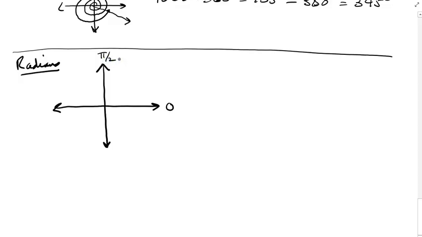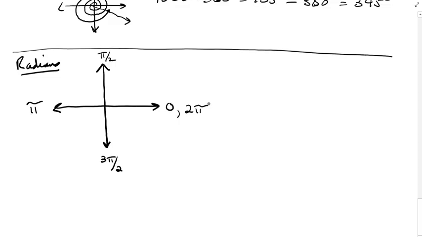And then we saw that 180 is pi. And if you did 270, you would see that is 3 pi over 2. And then, of course, 2 pi gets back to our 0 radians. That's going to be really helpful to you as you start to think about where angles go in radians.